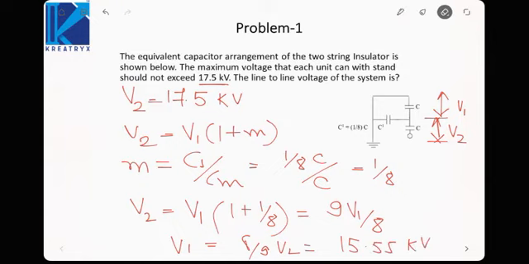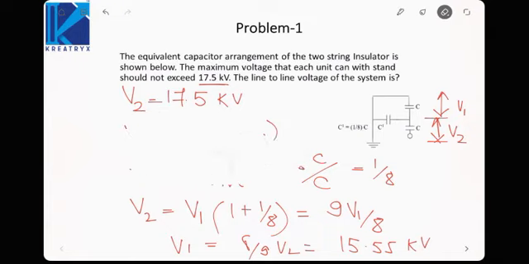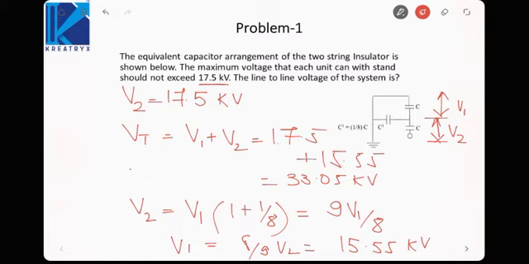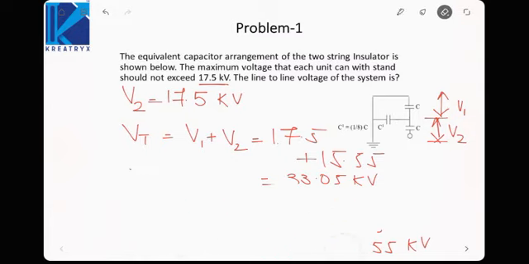So the total string voltage will be equal to V1 plus V2, since there are only two discs. 17.5 plus 15.55. This will come out to be 33.05 kV. Now this is the voltage between the conductor and the tower, or the conductor and the ground.